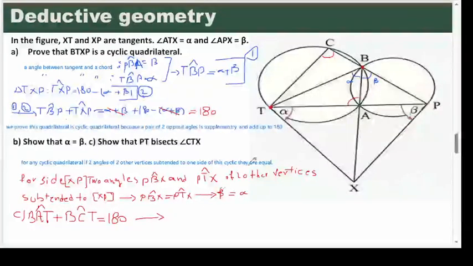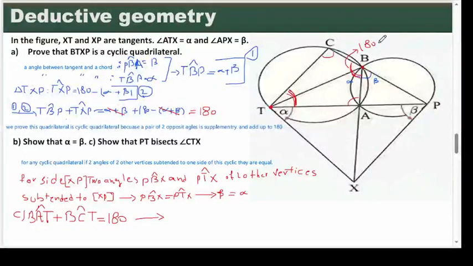Now I say it's a cyclic quadrilateral. So this angle and this angle should add up to 180 as well. This angle, as we know here, we have a straight line, so this angle would be 180 minus alpha plus beta.